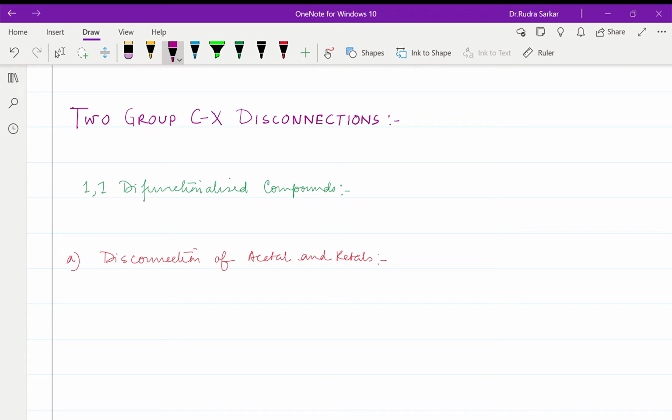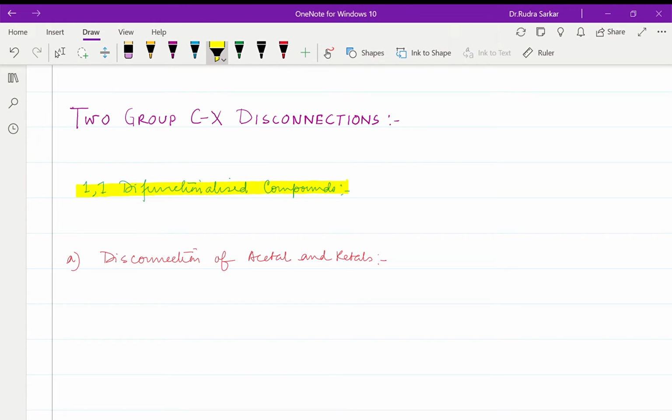This is Dr. Sarkar over here and we are discussing the disconnection approach or retrosynthesis of two group CX type disconnections. And for this we are considering out here the difunctionalized compounds which are joined to the same carbon.